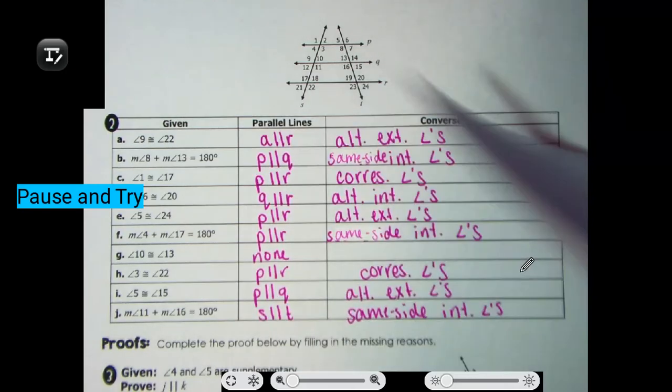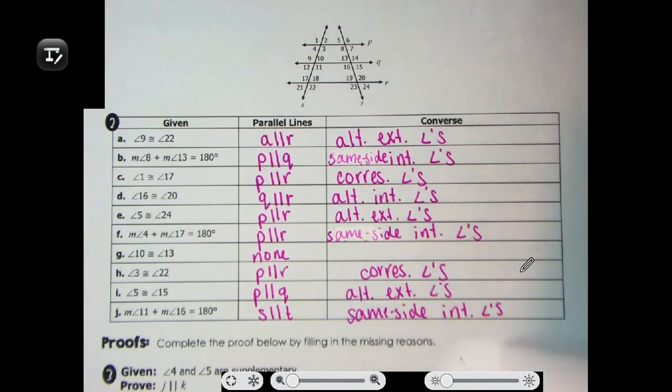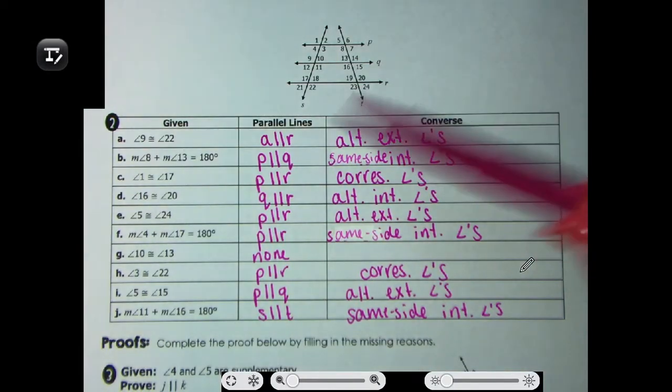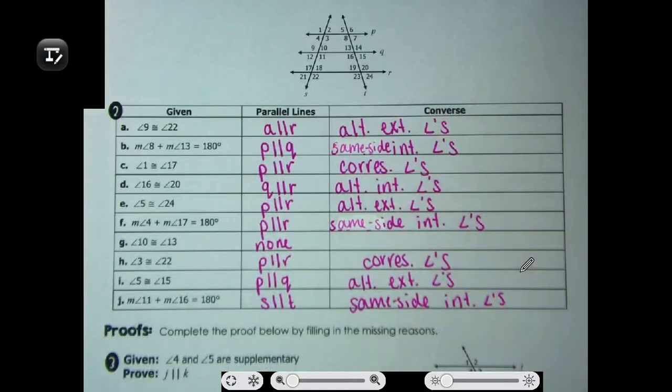All right, so hopefully you paused the video. Here are my answers. You can check them here. So take a moment to check your answers, and if you got it wrong, you can fix it, no big deal. See if you can find your mistake.